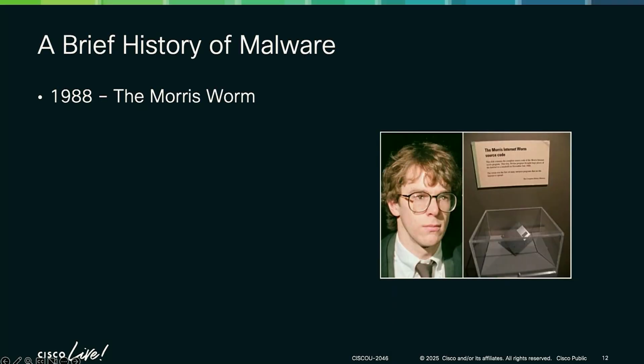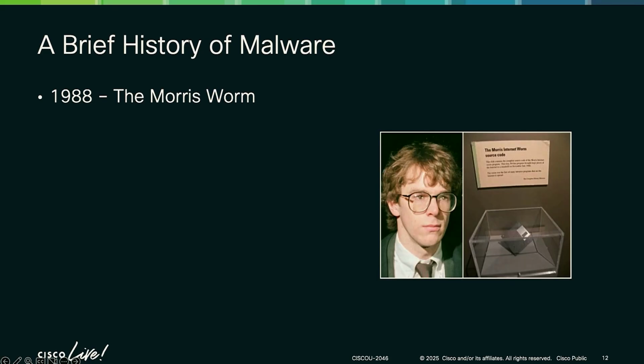Really, it kind of starts in 1988 with the Morris worm. This is really kind of the first known piece of malware that exists, and that's actually it on that floppy disk right there. It was created by this man, Robert Morris, from Cornell University in the United States. And what it did is essentially exploit a bug inside of SendMail to be able to replicate itself and spread across systems.